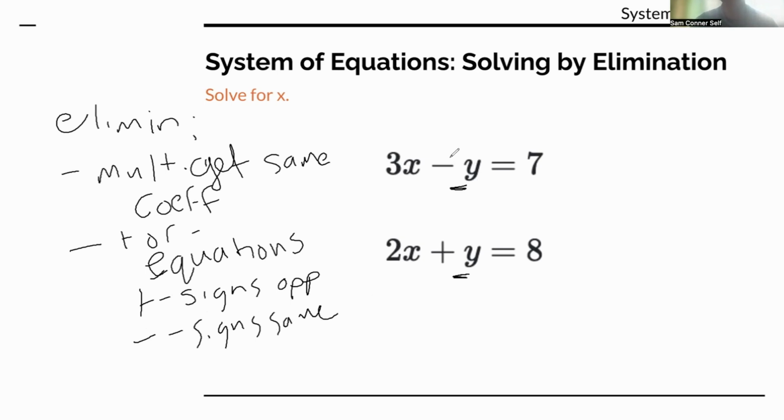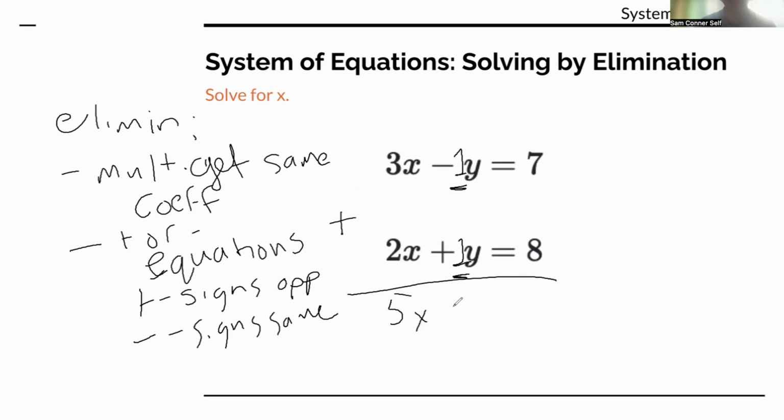So we know that this equation already has the same coefficients on one of the terms, which is the 1 on the y, and that the signs attached to those terms are opposites. So that means we're going to add these two equations, and then you just add the like terms.